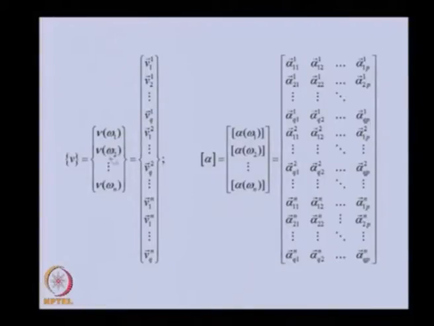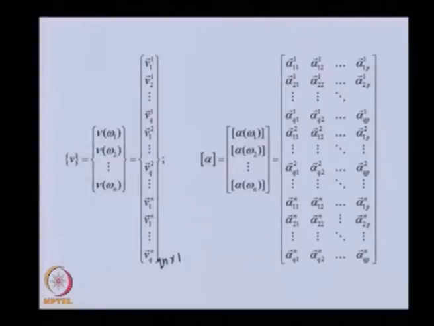This is for speed 2, up to speed n. That means the first Q responses correspond to speed 1, the next to speed 2, and the last to speed omega n. So the size of this is now Q, which is one set of measurements for one particular speed, into n, cross 1. So this is the total size of the V matrix.